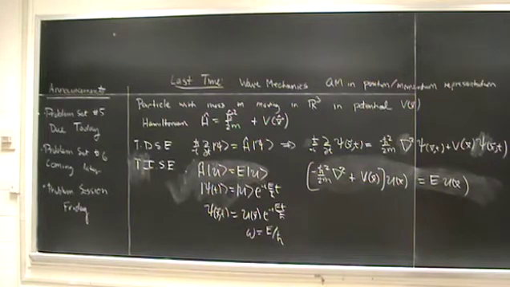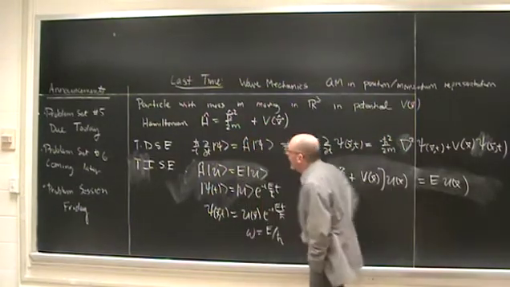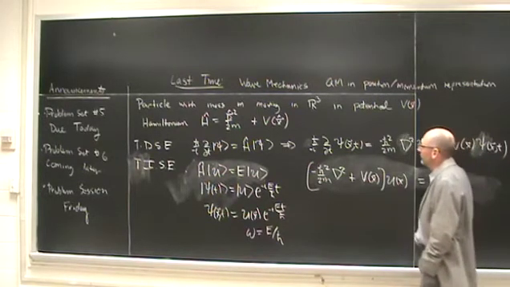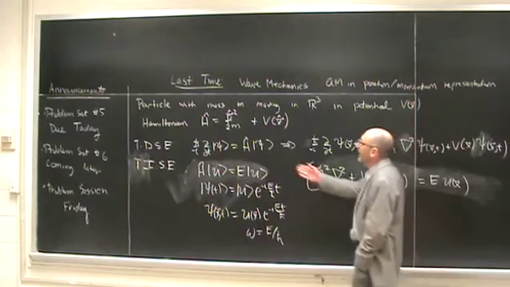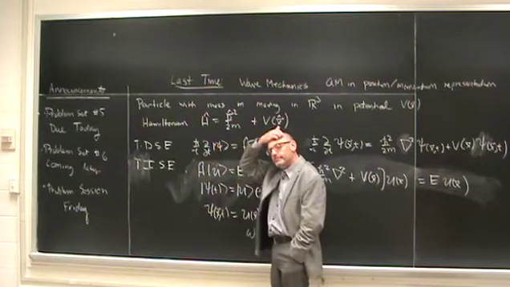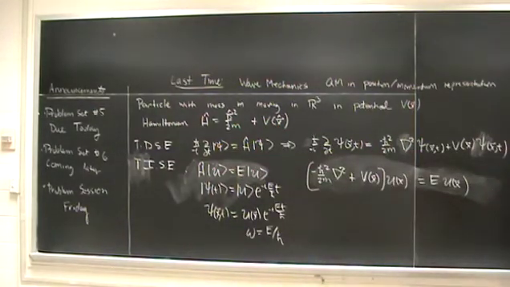And the Hamiltonian then is a familiar form for mechanics, kinetic and potential energy. And the Schrödinger equation then takes the form of wave equations. So the time-dependent Schrödinger equation, as we've derived it, takes the form of a time-dependent wave equation.